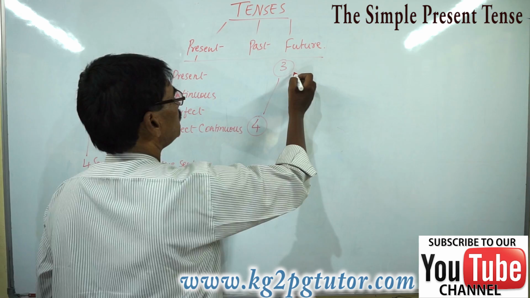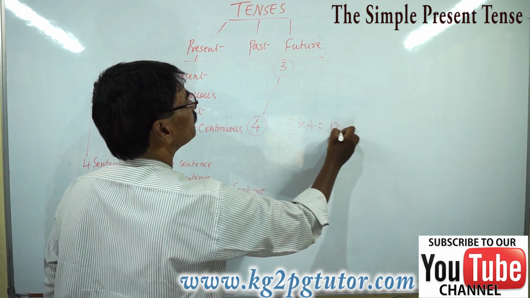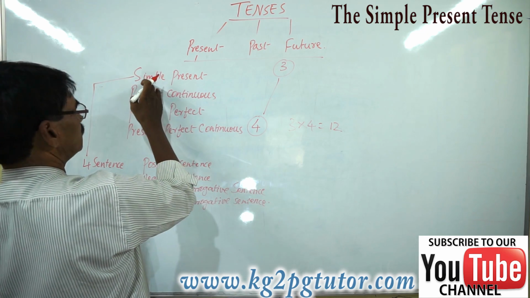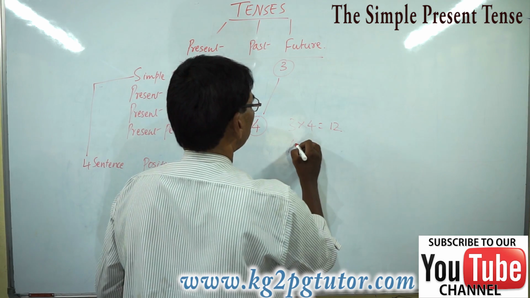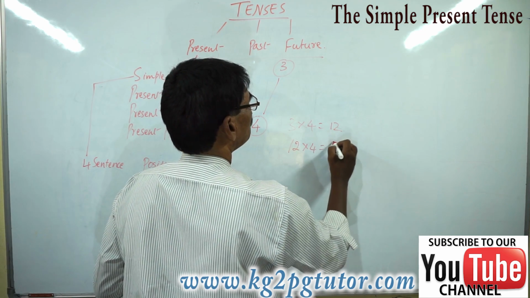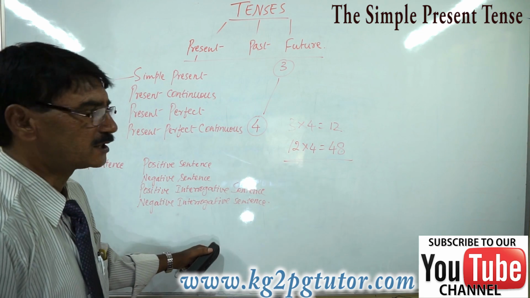Now here, these 3 into 4, 12. And here each tense has got 4 sentences. So 12 into 4, we know to learn 48 different kinds of sentences.